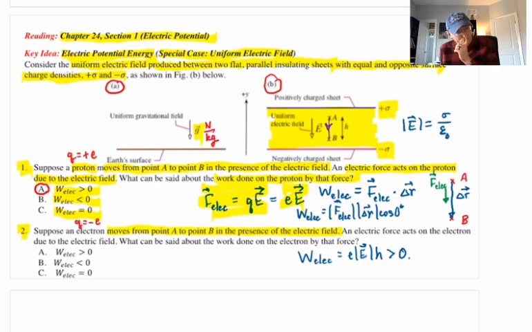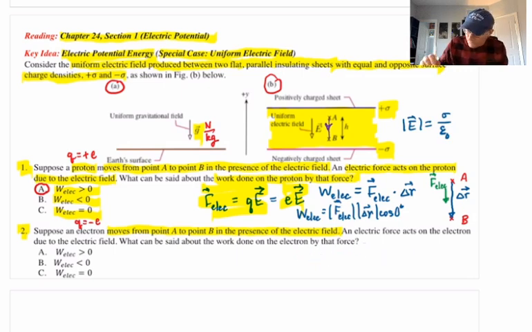Now, this is a little tricky. Let me get myself some room here. Okay? Let's draw a picture over here to the side. The A and the B points. And I am definitely going to have the electron move from A to B. So that's its displacement.